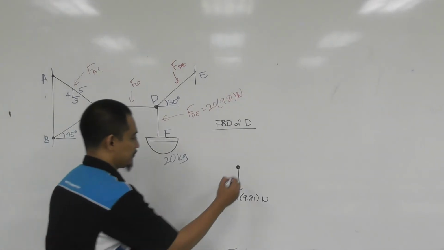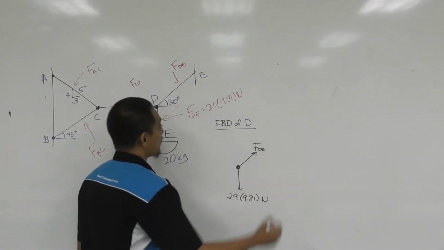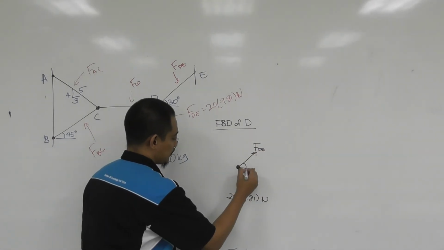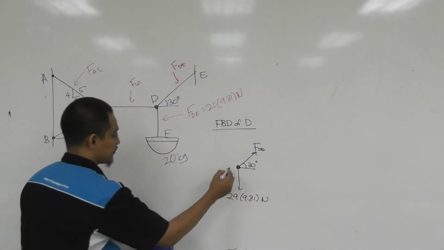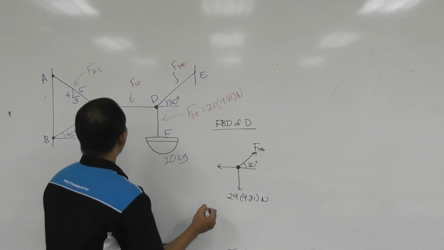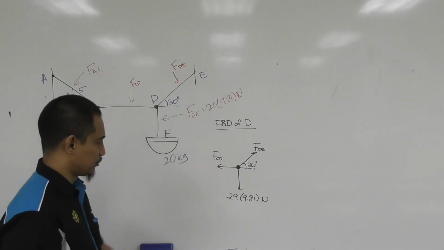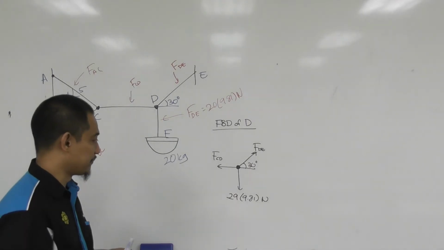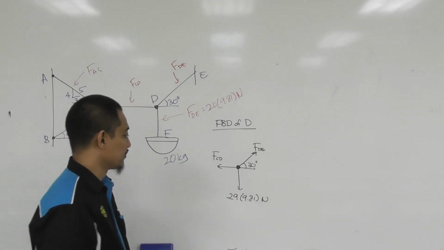And then you have FDE with an angle of 30 degrees. And then you have FCD horizontally like that. That will be your free body diagram, of course with the X and Y axes also.